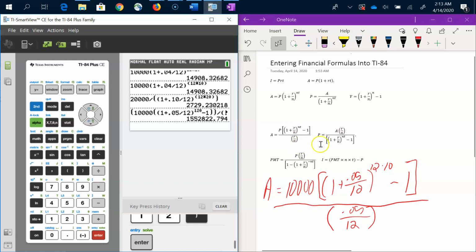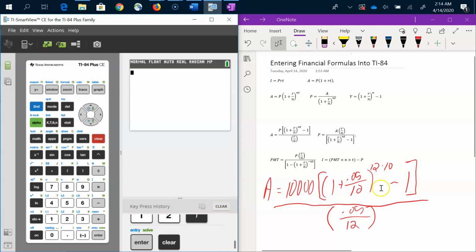I'm going to go to the next formula here. It's the future amount. What do you need to put in here for P to get this future amount A? I'm going to clear this screen, and I want to keep this space here, so I'm going to erase that again.